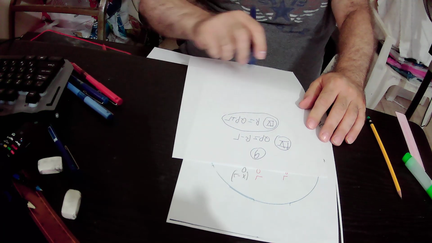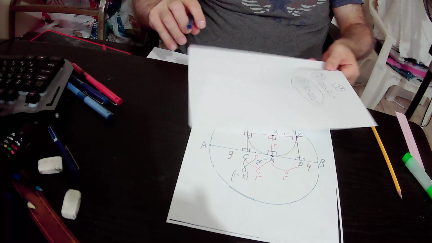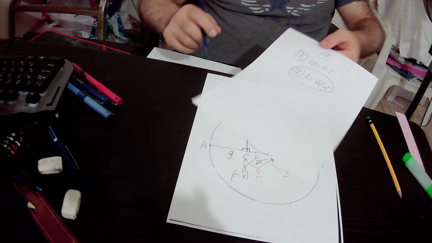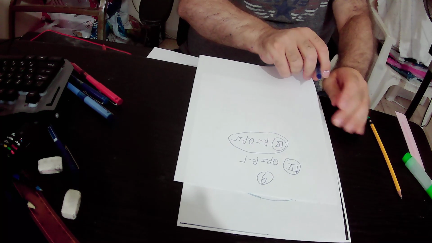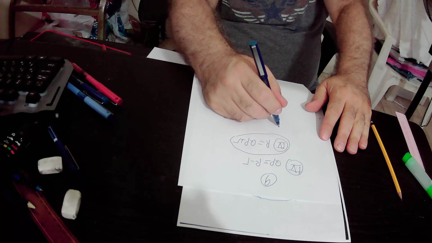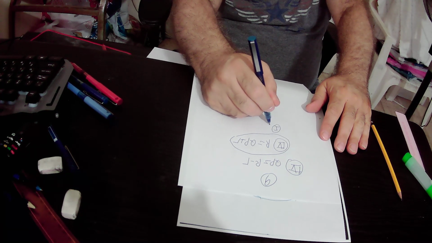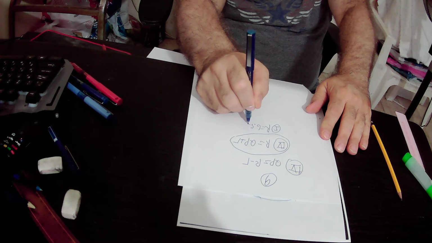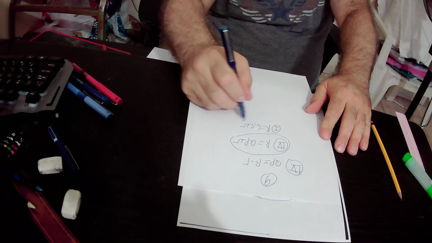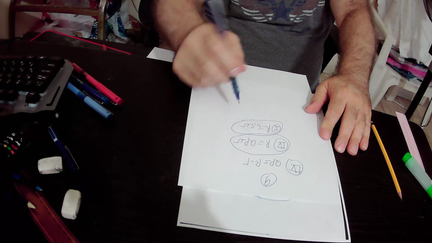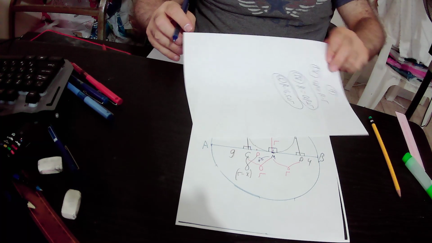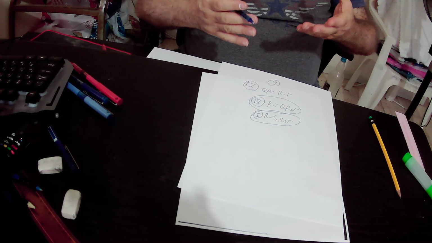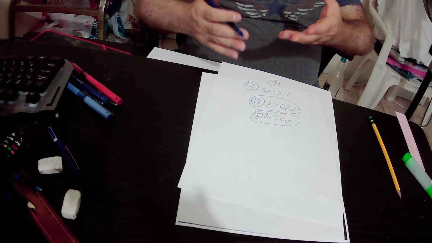Okay, so we got the expression for the radius of the big circle, and we have the expression of the radius of the big circle according to equation number 1. We know that capital R equals 6.5 plus small r. Okay, so we have the expression of the radius of the big circle in two different equations.